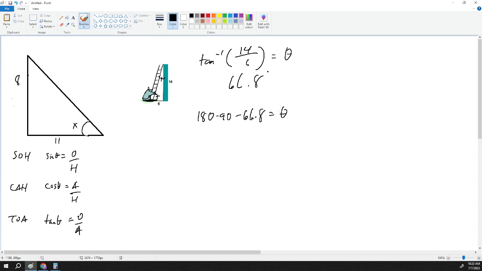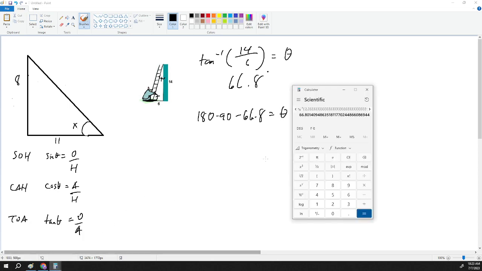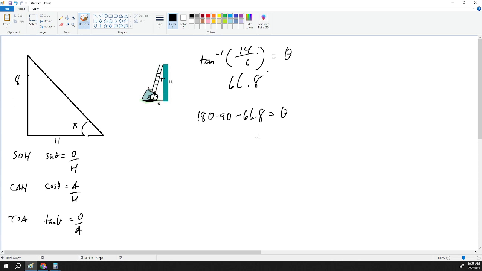We will be left with that angle. So 90 minus 66.8, we get 23.2. That is our angle here.